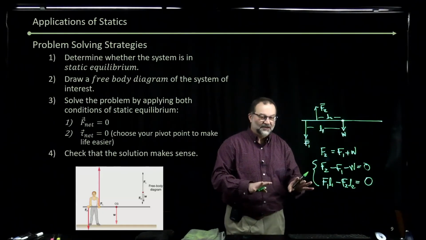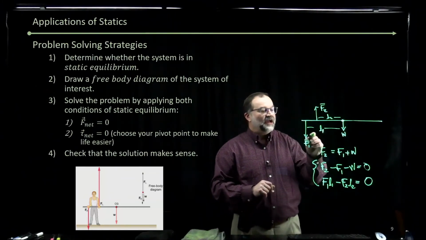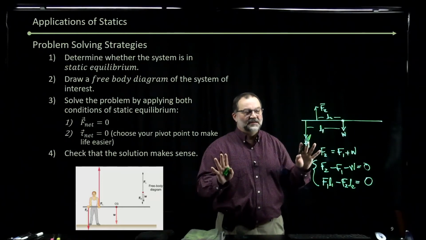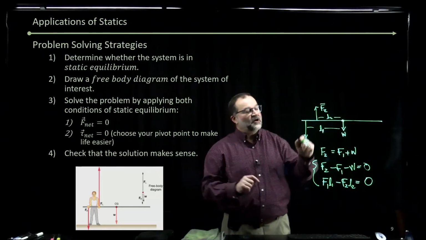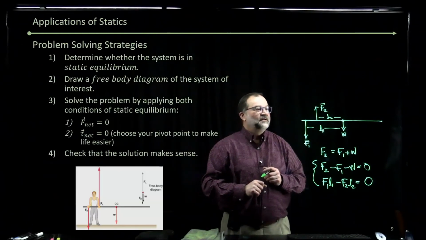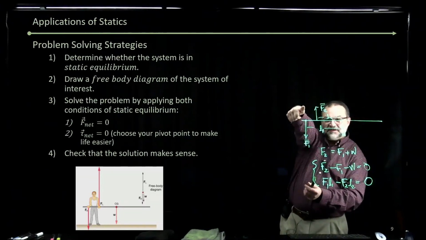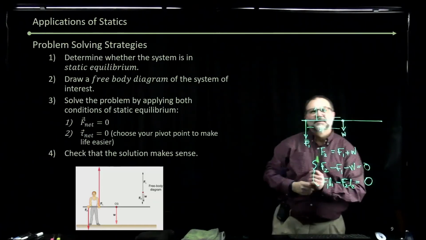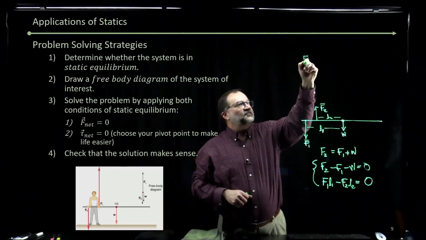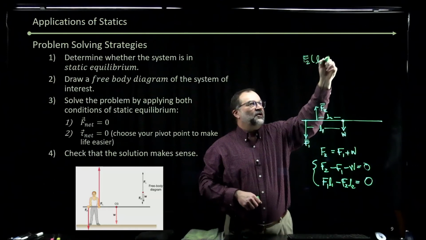I'm going to give you another way to think about it that makes life a little easier. Instead of looking at F1 and F2 causing a pivot around here, since it's not pivoting, as I said before, it's not pivoting about every point, I'm going to call F1 my pivot point. Now what do I have? Well, F2 is going to cause a positive rotation about that point, and so F2 times L1 minus L2, but we know what those are.